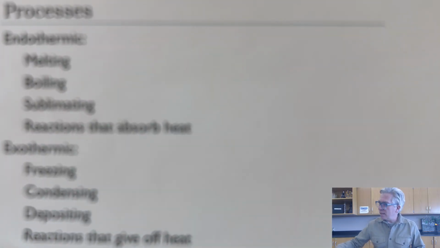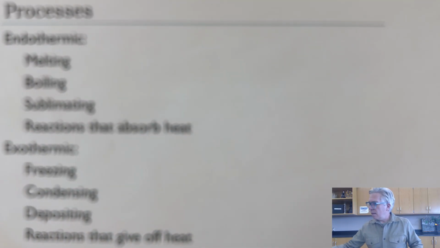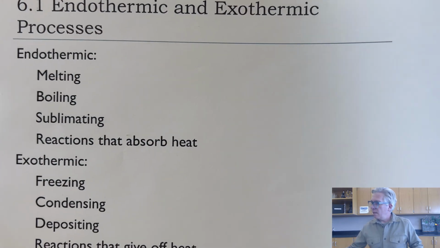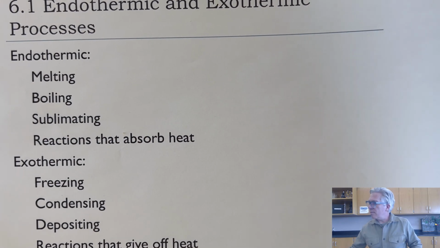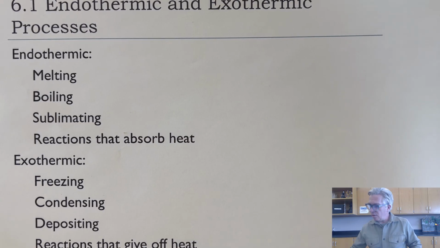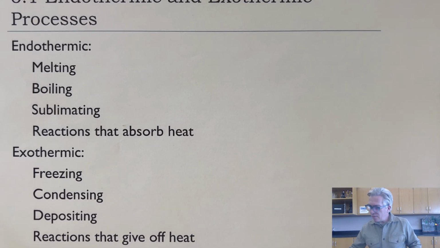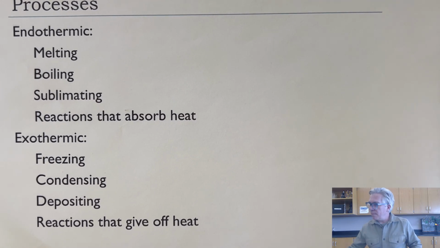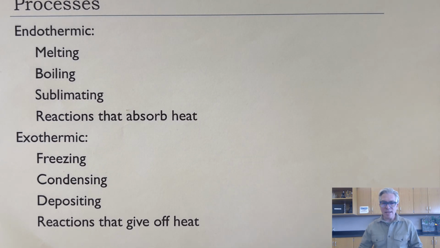So just to give you a little tip, I made a quick list of endothermic and exothermic processes. So the endothermic ones are going to be things like melting, boiling, and sublimating or subliming.